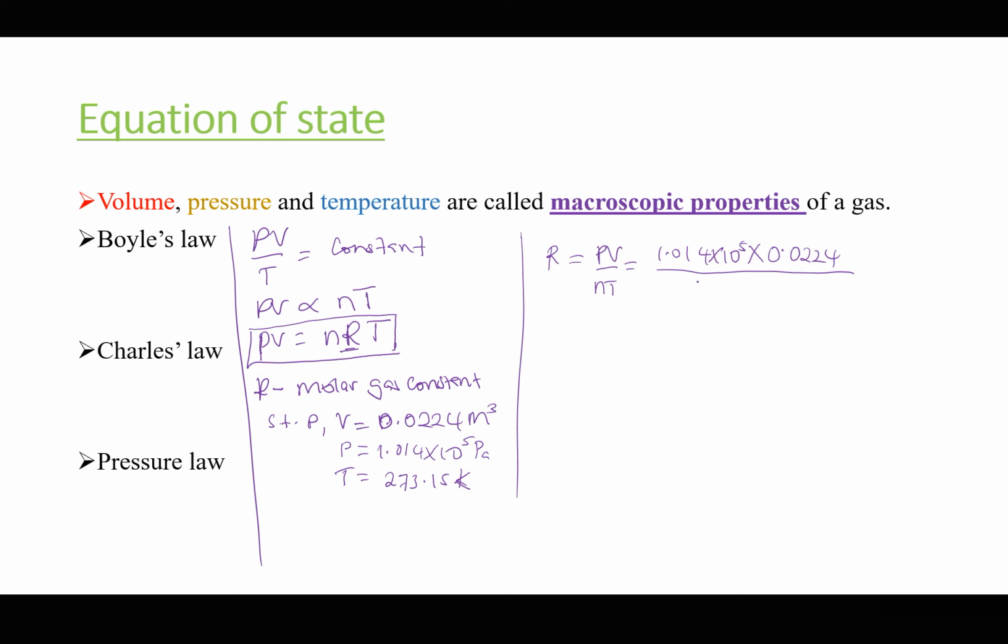If I consider 1 mole of the gas, n will be 1, times the absolute temperature, 273.15 Kelvin. When I press my calculator, it gives me R as being approximately 8.3.